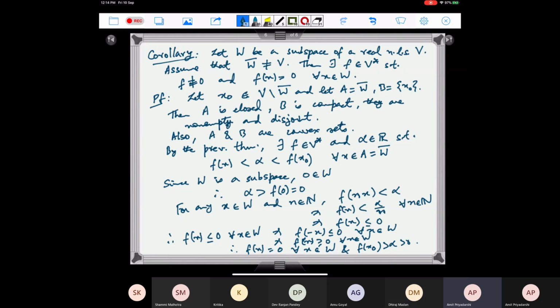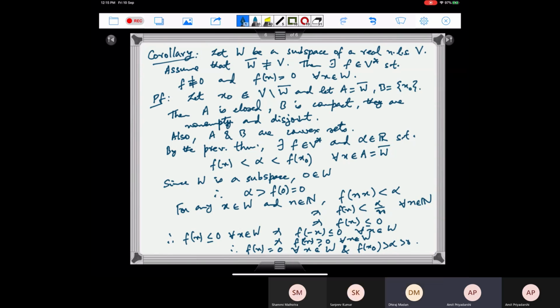But what I am saying is that in the extension, what I did was prove that if you have a subspace, then you can extend it to one dimension more. For that, you don't need any axiom of choice, right? So you can extend it to finitely many also, and also to countably many. So if your space is separable, then this Hahn-Banach theorem can be proved without using the axiom of choice.